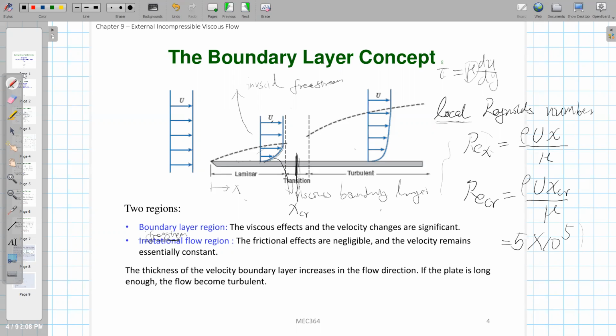The second thing, the boundary layer thickness will keep increasing in the flow direction until it reaches some critical value x_cr, where it transitions from laminar flow to turbulent flow. And this x_cr is calculated by the critical local Reynolds number, which is equal to 5 times 10 to the power 5.